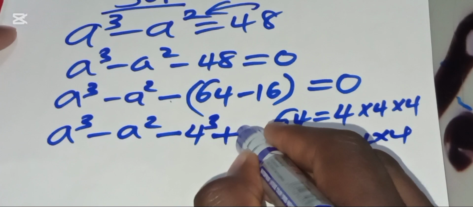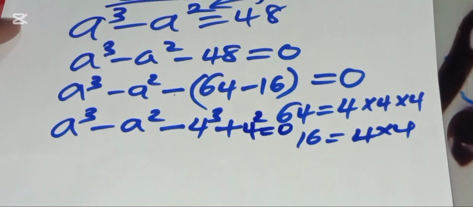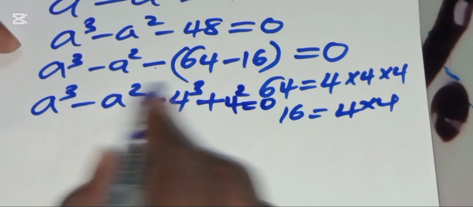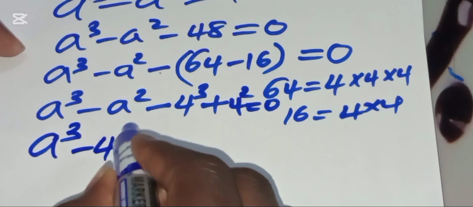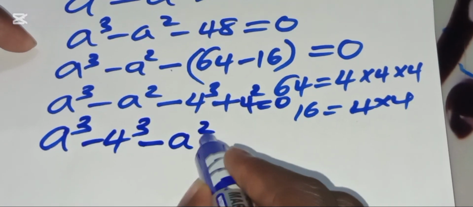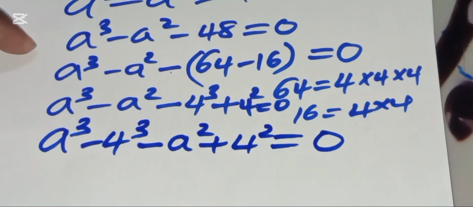This is equal to 0. Now we can express this as a cubed subtract 4 cubed, subtract a squared plus 4 squared, equal to 0.